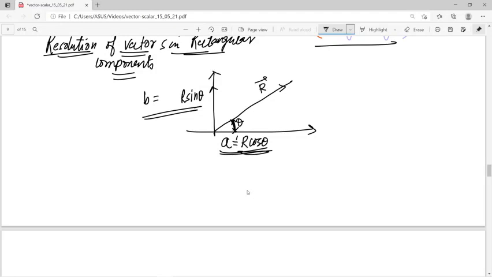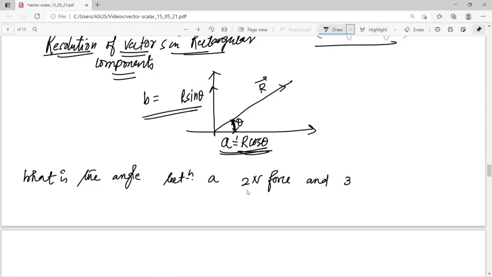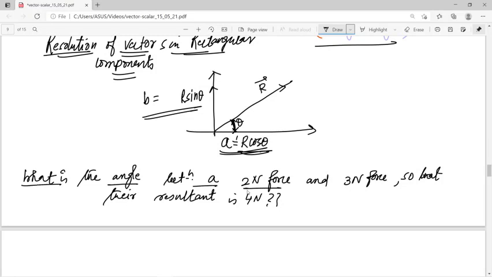The question is: what is the angle between a 2 N force and a 3 N force so that their resultant is 4 N?